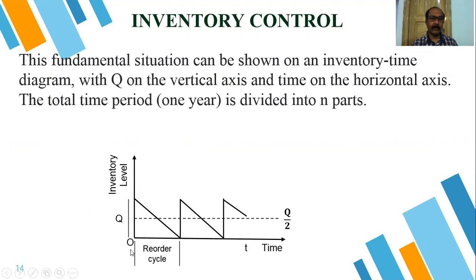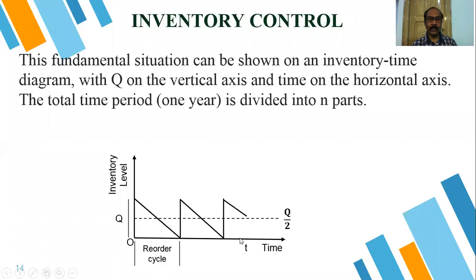The horizontal axis is time and the vertical axis is the quantity or inventory Q. In this example, the total time period is one year, divided into n parts.